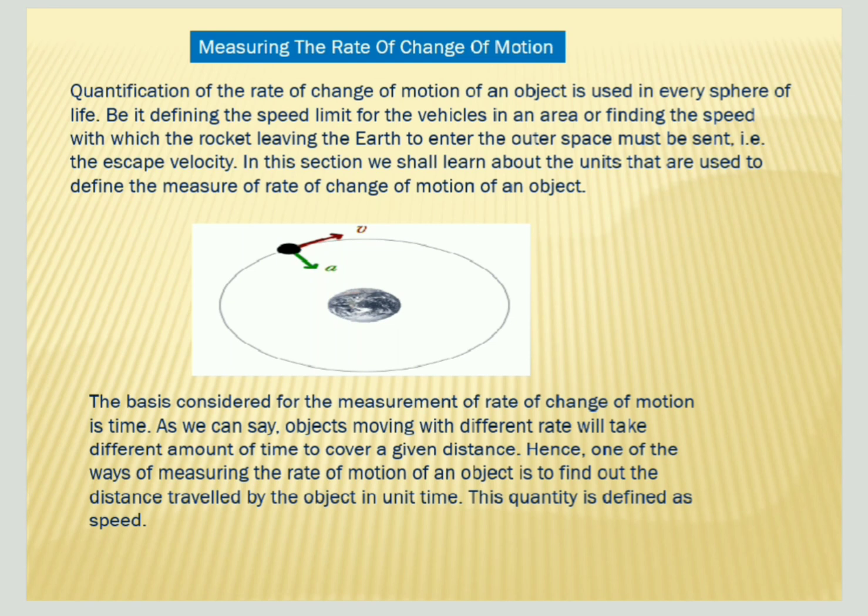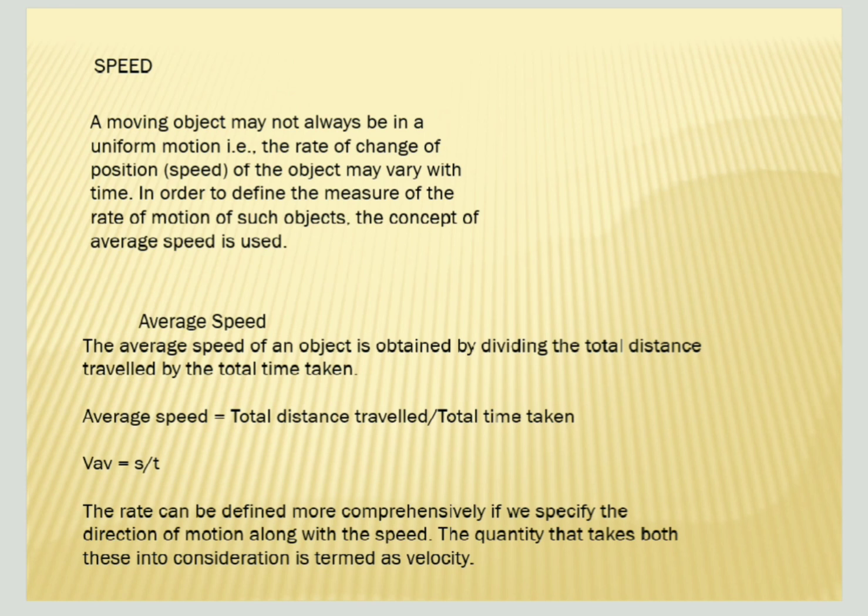A moving object may not always be in uniform motion. That is, the rate of change of speed of the object may vary with time. In order to define the measure of the rate of motion of such objects, the concept of average speed is used.